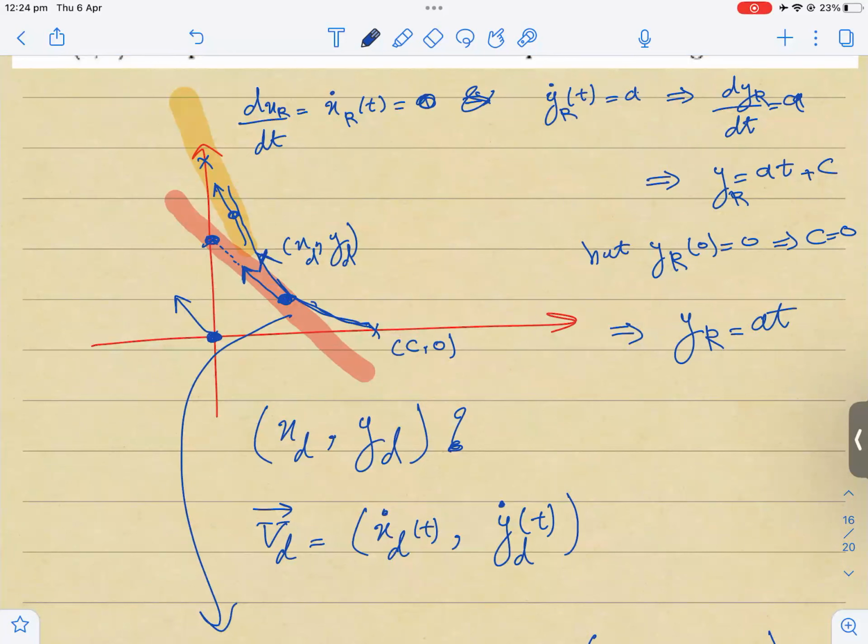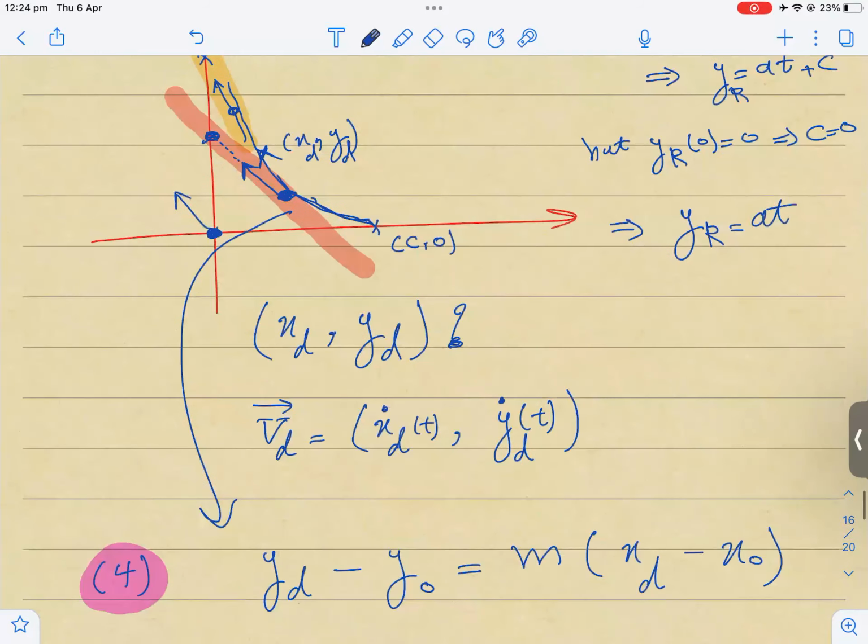The dog is seeing the rabbit, so the tangent line is the same line as this. You have seen in physics that the velocity vector is a tangent vector to the curve. You got what I mean.